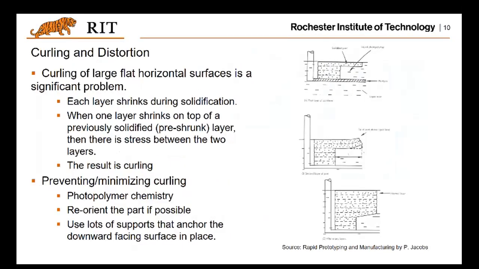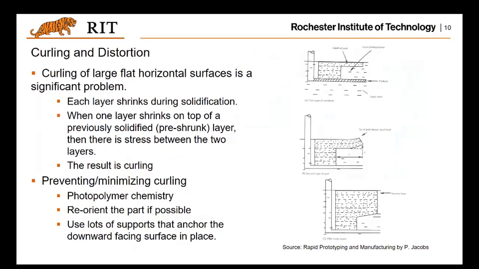So in photopolymerization, there's still curling and possible torsion. As we mentioned a little bit, the shrinkage of the layers could cause some problems. The problem is that the shrinkage for different layers has a different rate.